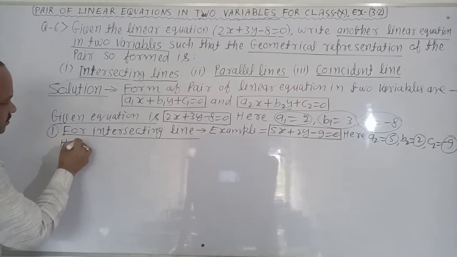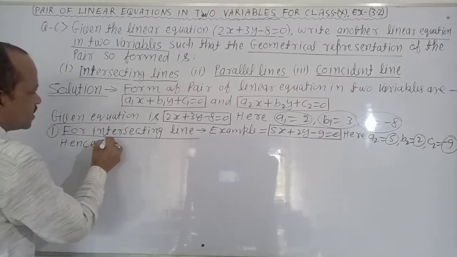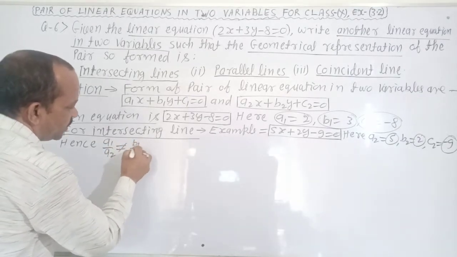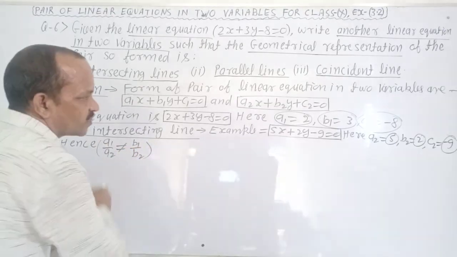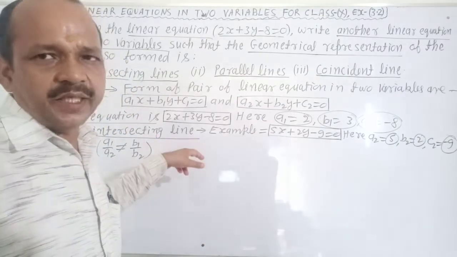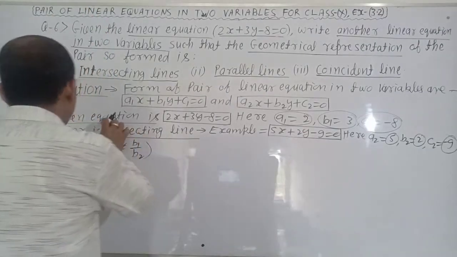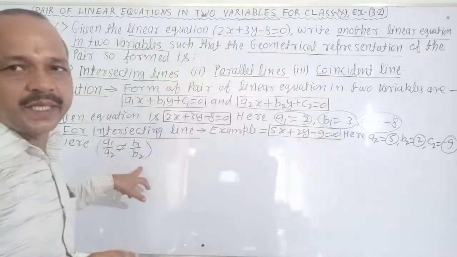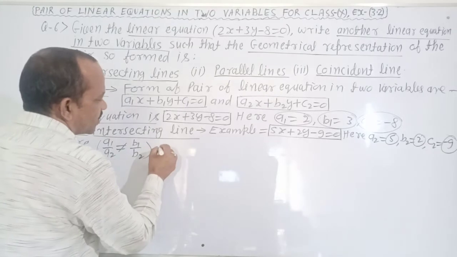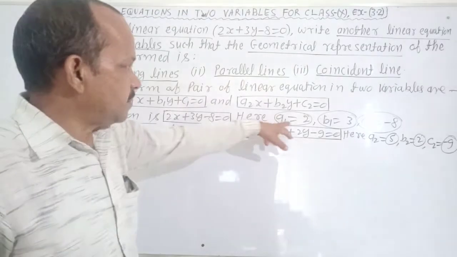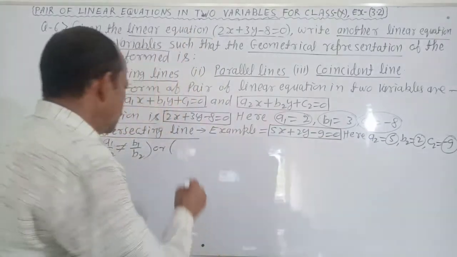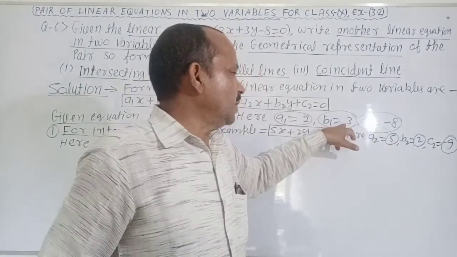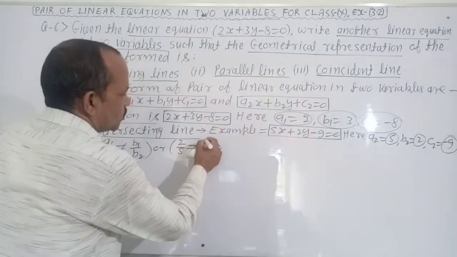Hence a1 by a2 not equal to b1 by b2. Here a1 is 2, a2 is 5, so 2 by 5 is not equal to b1 by b2, where b1 is 3, b2 is 2, so 3 by 2.